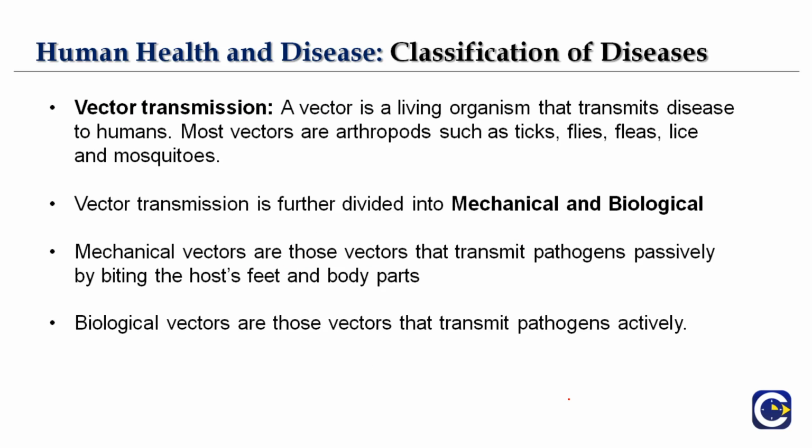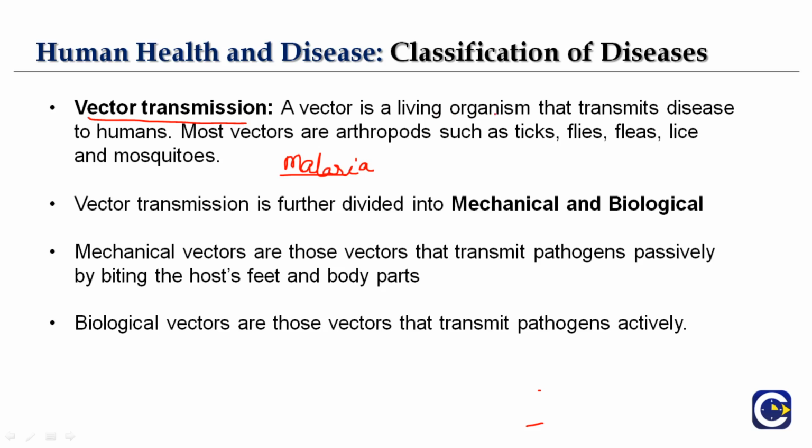Okay, the next transmission is vector transmission. As I already said, I think all of you will be familiar with what vector transmission is. A very good example is malaria, where I said a female Anopheles mosquito is the vector that transfers a disease called malaria from an infected person to a non-infected person by a simple bite.